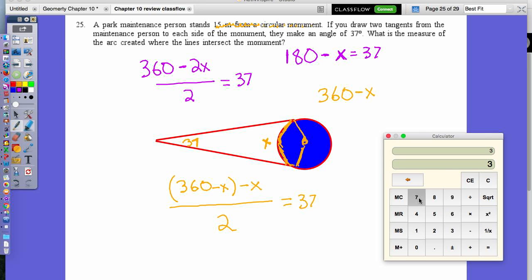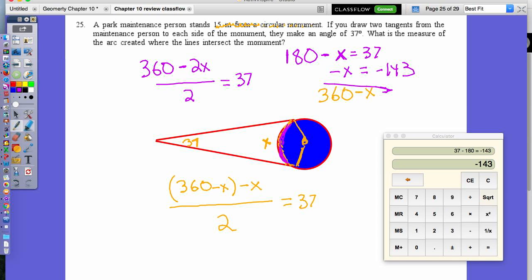So I get negative x equals negative 143. So that means that x is positive 143.